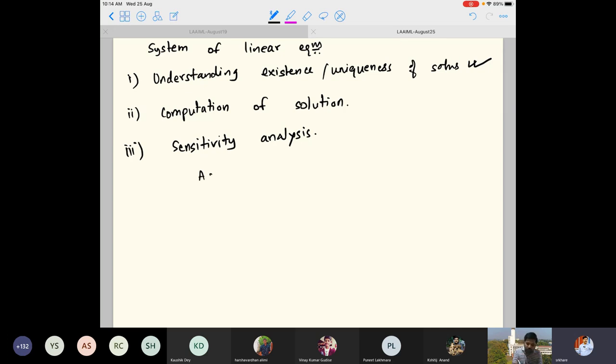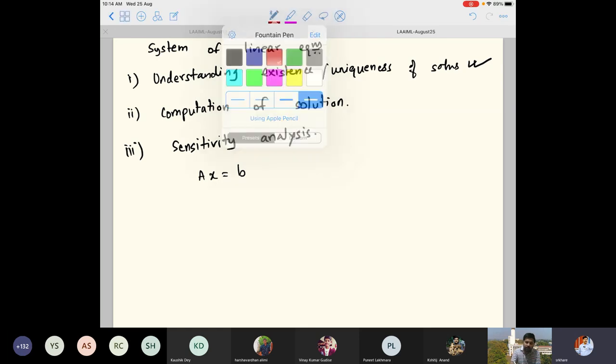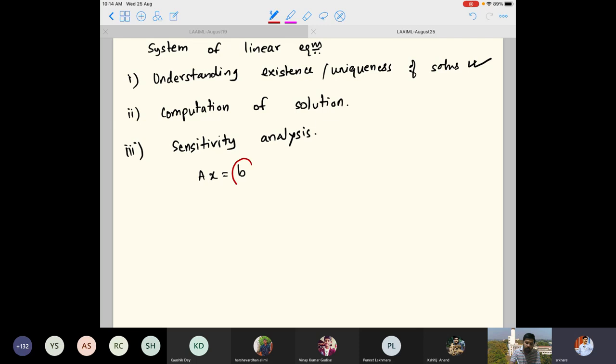Suppose you have Ax is equal to B. You learn the computations, you find out the solution X. So X is the solution. But in real life applications, what is really happening? Whatever the reason may be, you are not able to express B and A exactly. There is some A and there is some B, but because of practical constraints, and the constraint starts from storing the numbers in a computer.